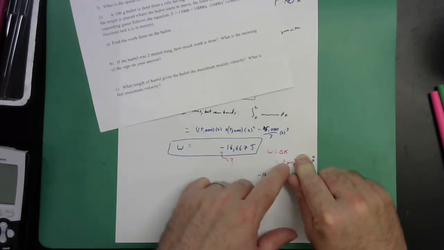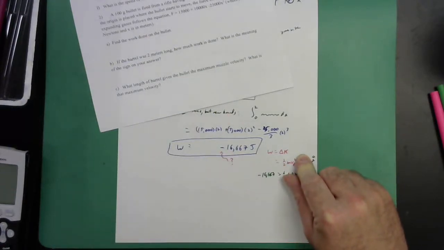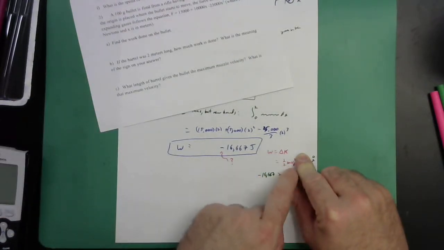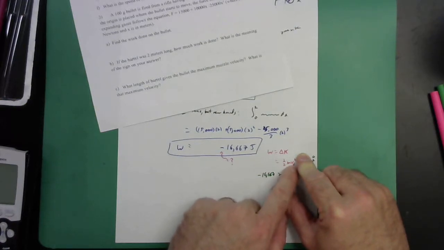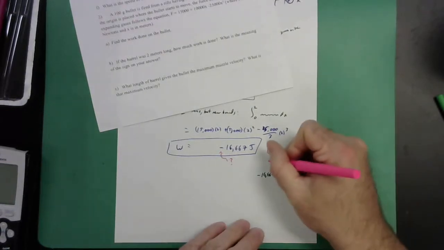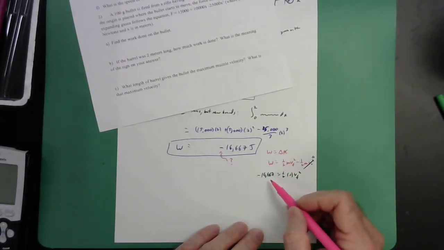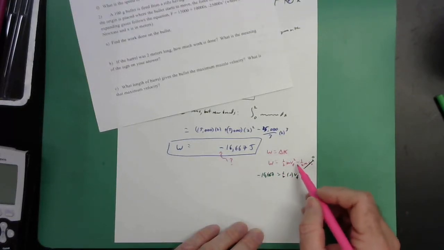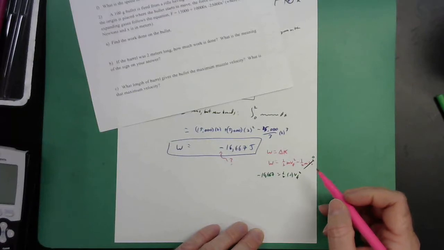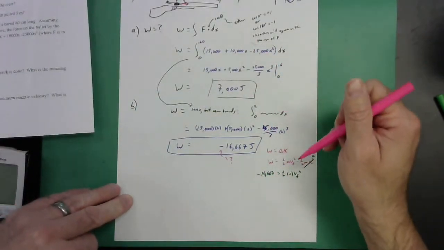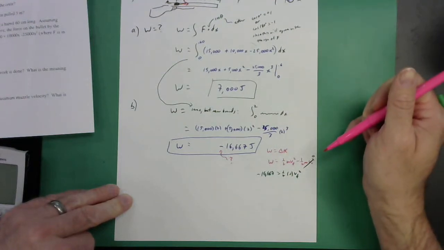Now, the mass of the bullet isn't changing, right? The bullet, the part of the cartridge that's going down the barrel, is the bullet. And 1/2 is a constant. So maximizing V squared would be the same thing as maximizing the work, because the work is just equal to that. You know what I'm saying? So if I find what maximizes the work, the length of barrel that maximizes the work would be the length that maximizes V final. So I want to know the X, the final position, that would maximize that work function.